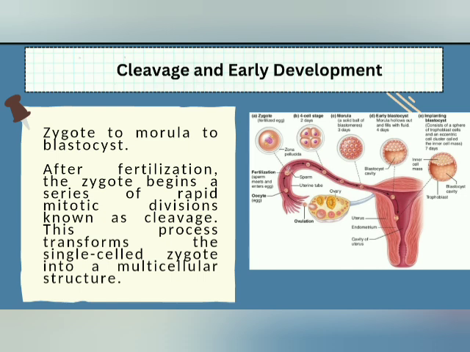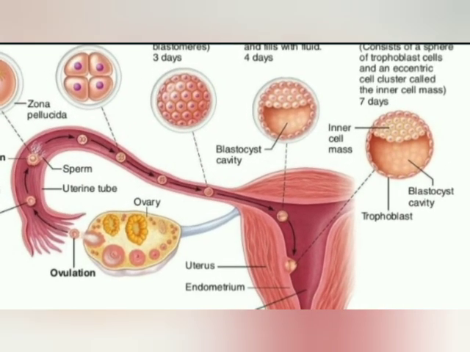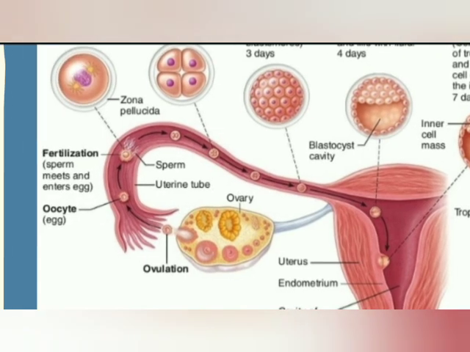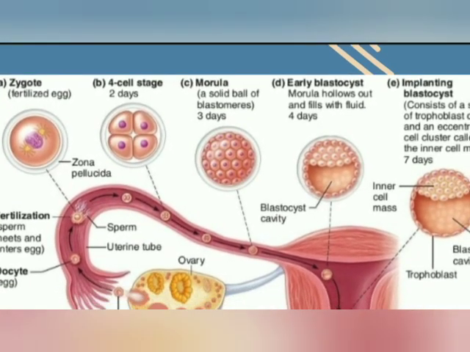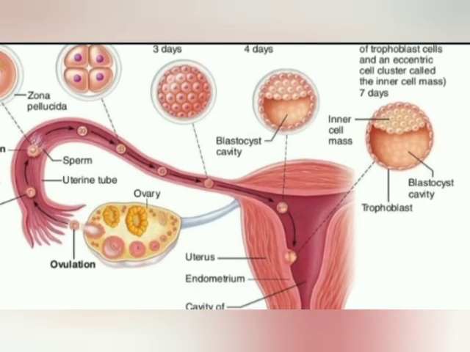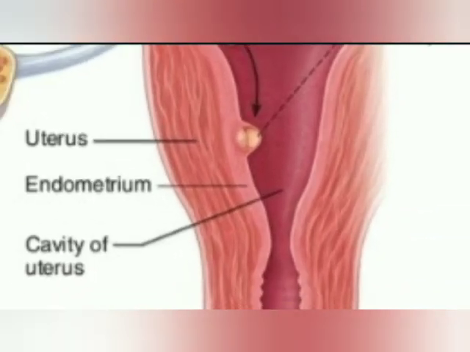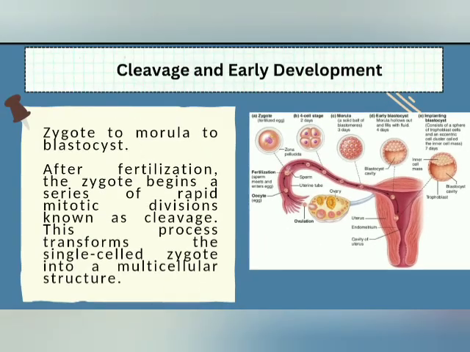Now, the cleavage and early development. The zygote becomes a morula, then a blastocyst. That is the real process of it. After fertilization, the zygote begins a series of mitosis, as I mentioned earlier, and then implants in the endometrium.